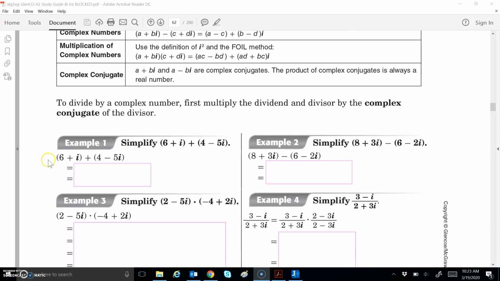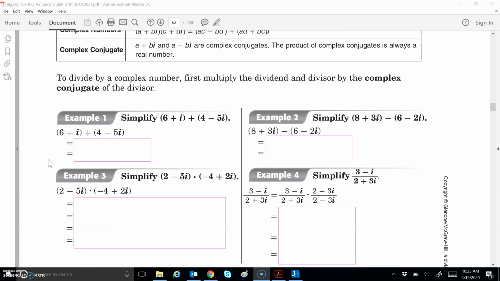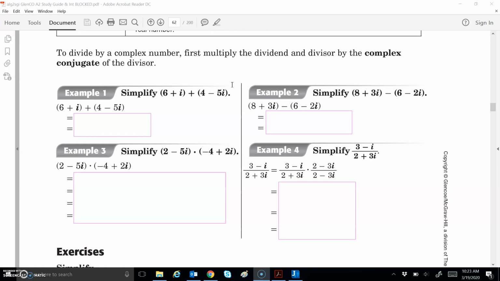To divide complex numbers, first multiply the dividend and the divisor by the complex conjugate. We're going to talk about that when we get to this one. The complex conjugate is basically the difference of squares, so one's plus, one's minus. That's how we're going to treat that.